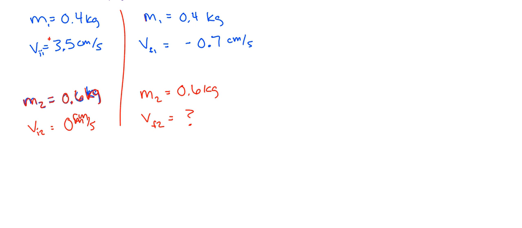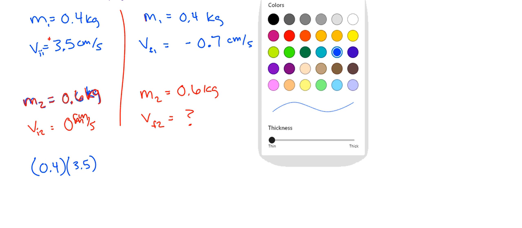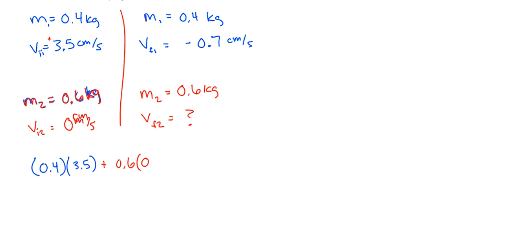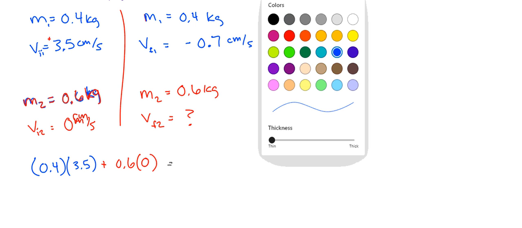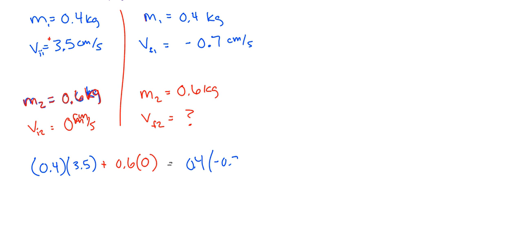Okay, here's the million-dollar question for this one. Maybe you didn't even think of it, but can I keep these in centimeters per second? The answer is yes, because every single term, when I do conservation of momentum, which says that the initial momentum of both objects, now in kilograms times centimeters per second, is equal to the final momentum, if all the velocities have the same units, then at the end the units will come out to be centimeters per second, because I'm trying to find the final velocity.